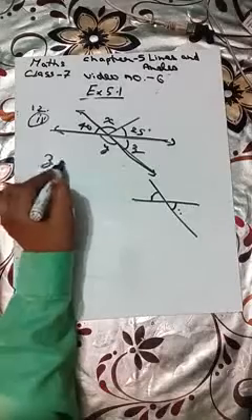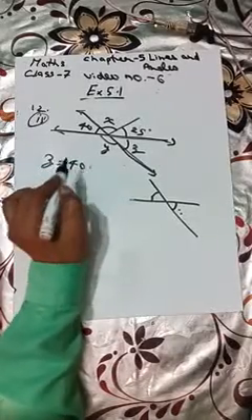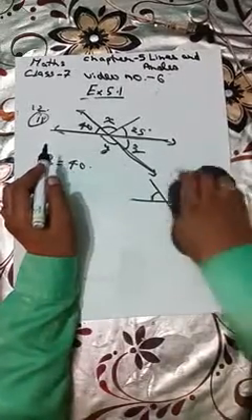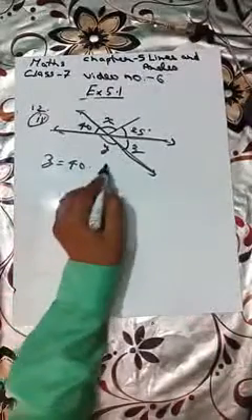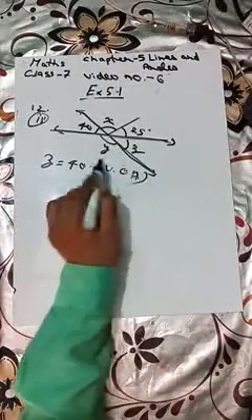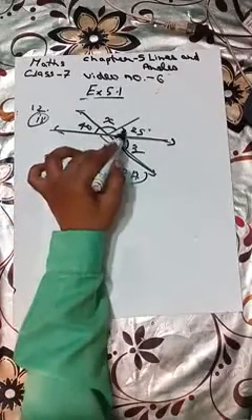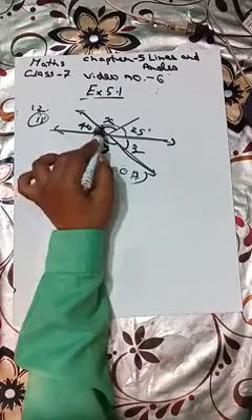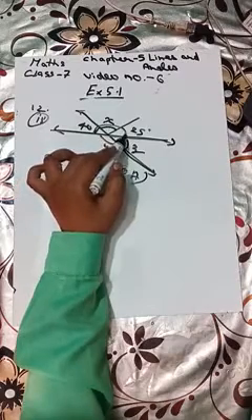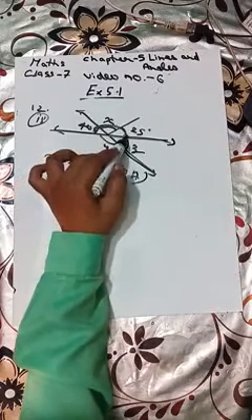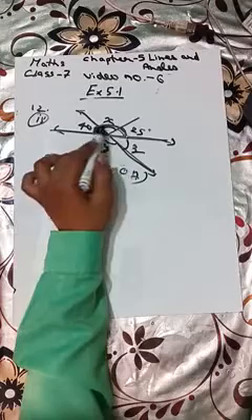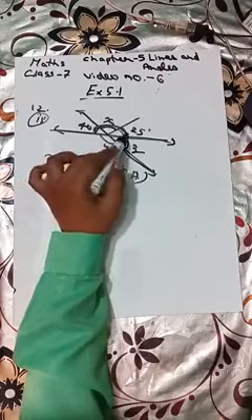So angle z will be 40 degree. Why? The reason is vertically opposite angles.